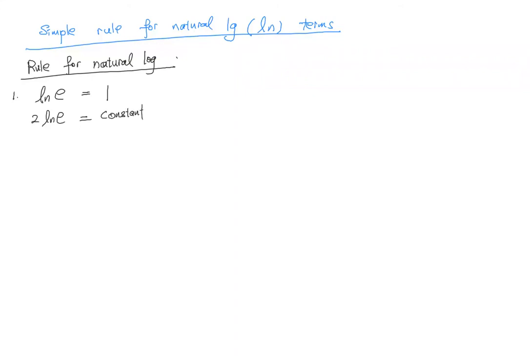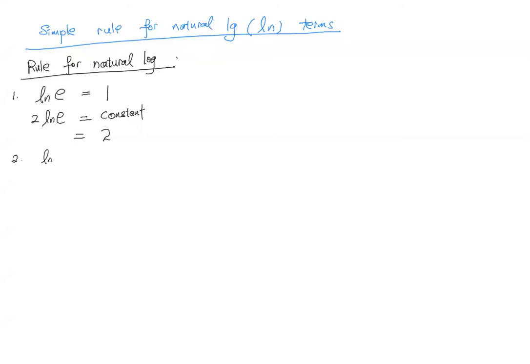So the answer is 2 because ln e is 1. Are you clear? You try to press your calculator and see whether you got 1 or not. Because the base and the number are the same, you will get result 1.